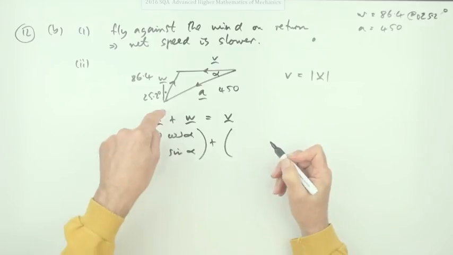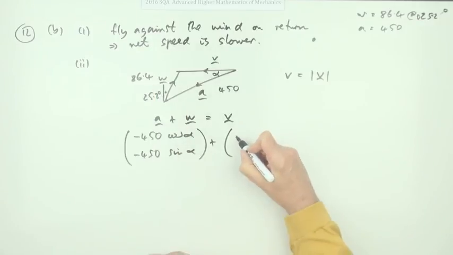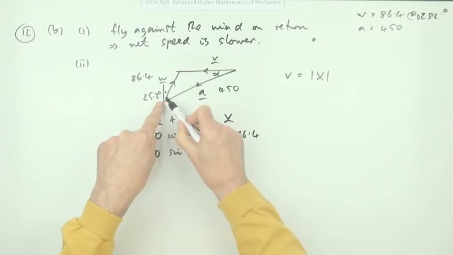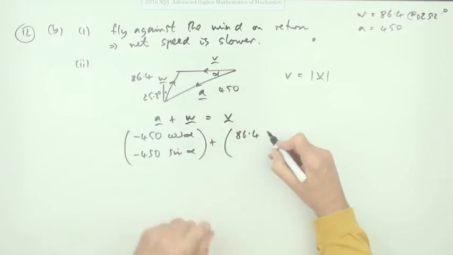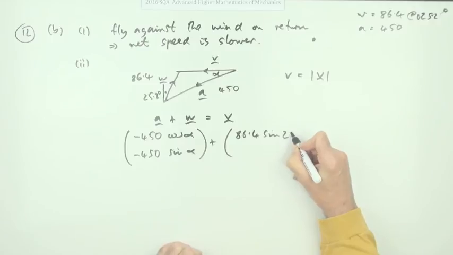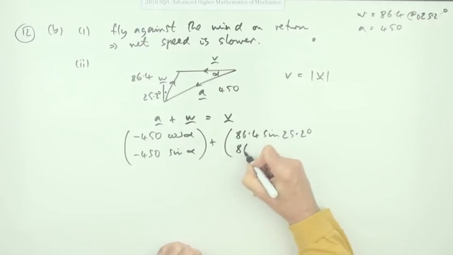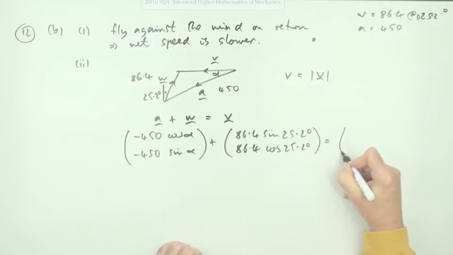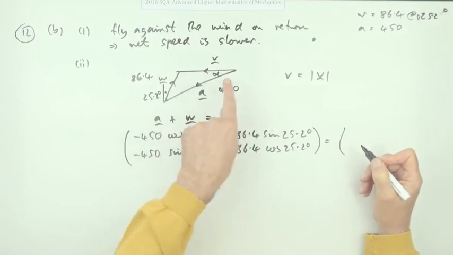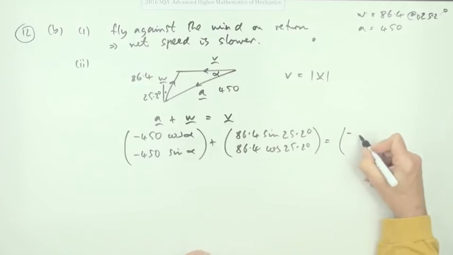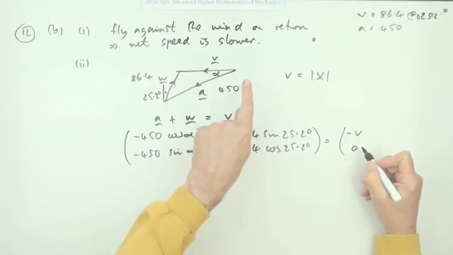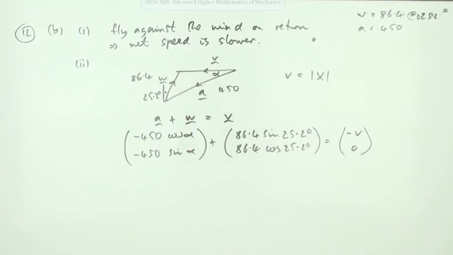Plus the wind, now the wind's across and up, so they're all positives, 86.4. If I'm using the 25.2 there, the across is opposite the angle, so that's sine 25.2, so it must be 86.4 cos 25.2. And that should equal, now notice this magnitude is actually going backwards, so I'm taking care of that here, minus V, since it's horizontal and it's got no vertical component.